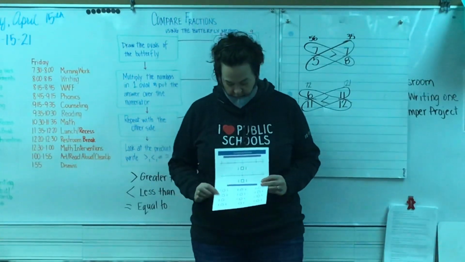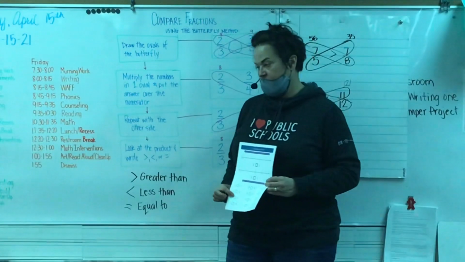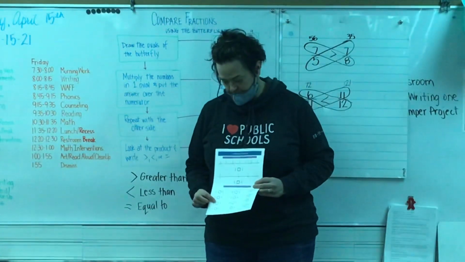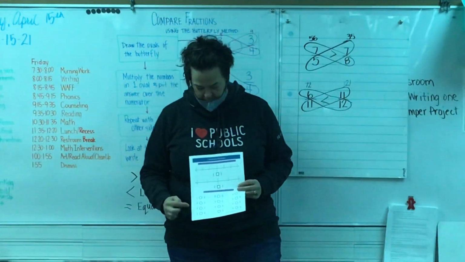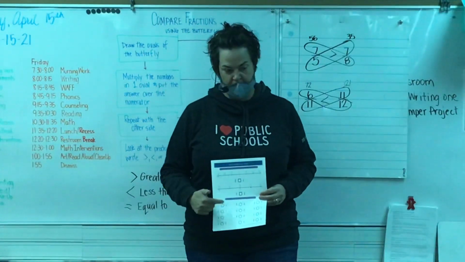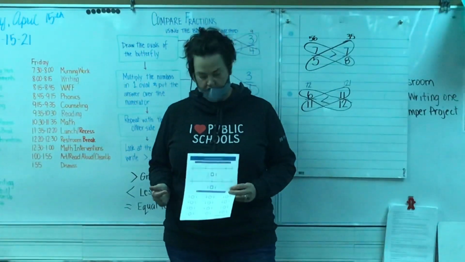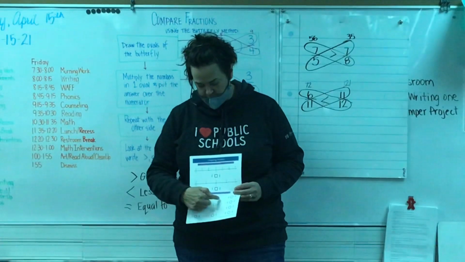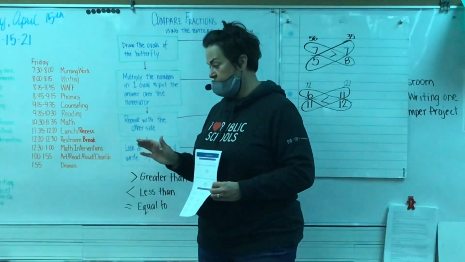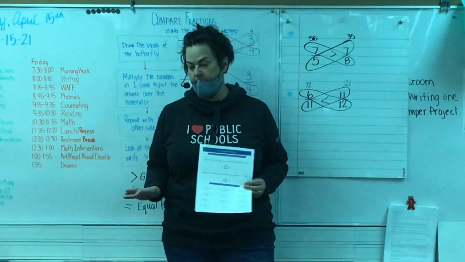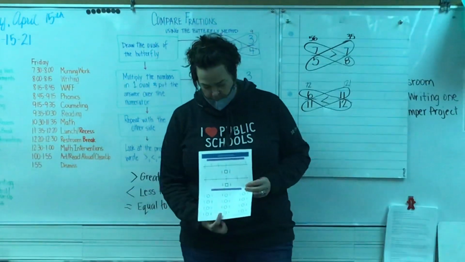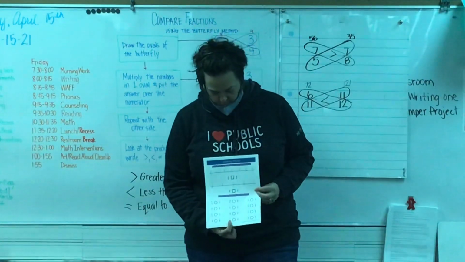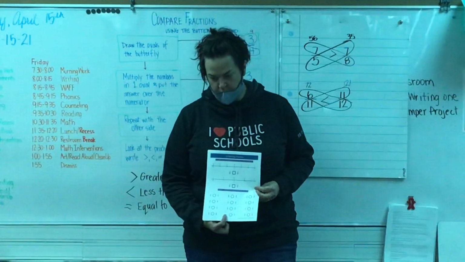Now down here, they don't all have the same denominators. Like this first one, 1/2 and 1/3. This has the same denominator, but if you still want to use the butterfly method on them, that's totally fine. Friends, look here. It has 1 and 4/4.